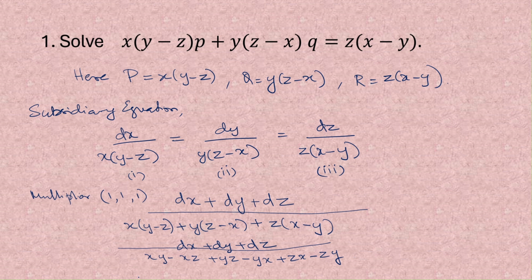What happened to these terms? xy and minus yx are the same term and get cancelled. Similarly, minus xz plus zx, and similarly yz and minus zy, which means that the denominator is 0. Since the denominator is 0, this can be written as dx plus dy plus dz divided by 0.